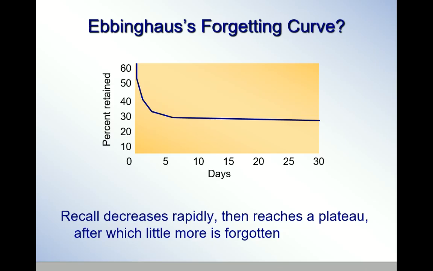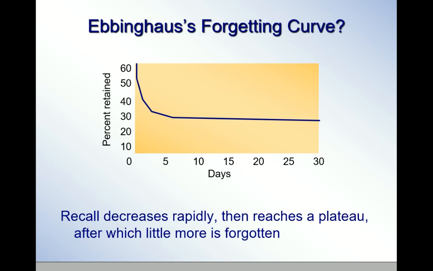Okay, draw this Ebbinghaus forgetting curve. Names are not that important on the AP exam, but I want you to at least be familiar with the forgetting curve. The forgetting curve basically means that you lose a lot of information rapidly, as you can see on this curve.